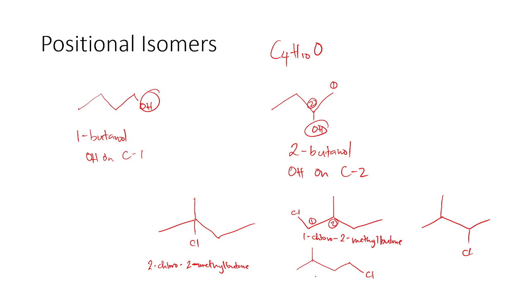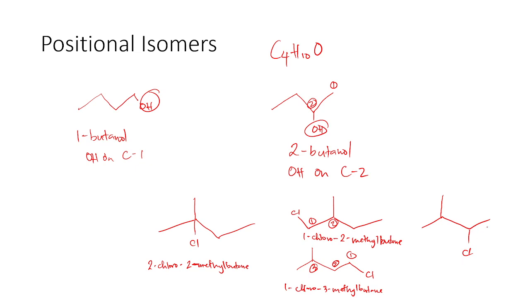So for this one, our chlorine is here, so by hierarchy, we'll be taking this chlorine as our functional group, meaning to say the counting will start here on our first carbon. So we will have 1, 2, 3, meaning to say we will have 1-chloro, 3-methyl butane, and also for this one, we will be taking again the position of chlorine as our functional group.